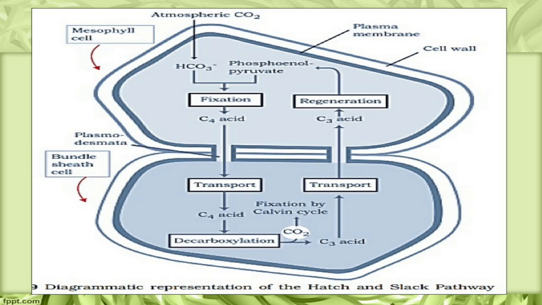That malic acid is transported to the bundle sheath cells where it breaks and forms C3 acids again and releases carbon dioxide. That carbon dioxide is now utilized for the C3 cycle, and that C3 acid is transported back to the mesophyll cells where it again regenerates PEP to continue the cyclic process.